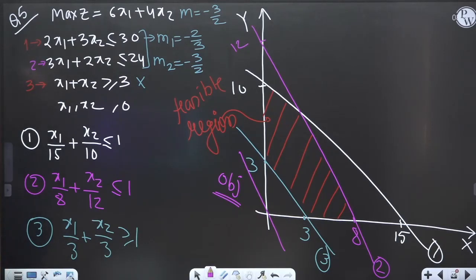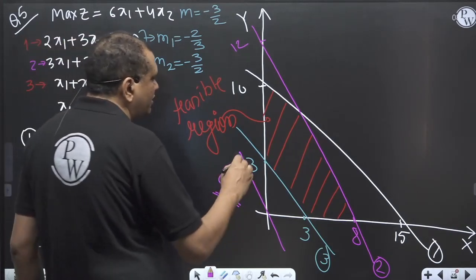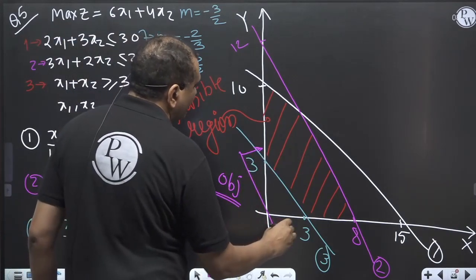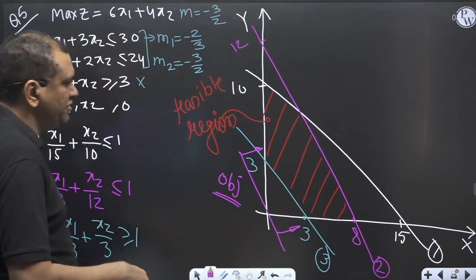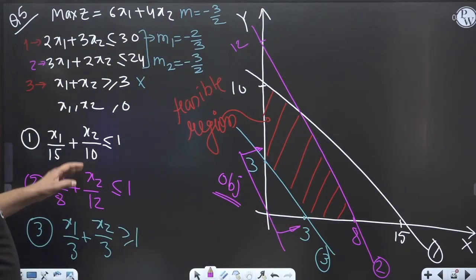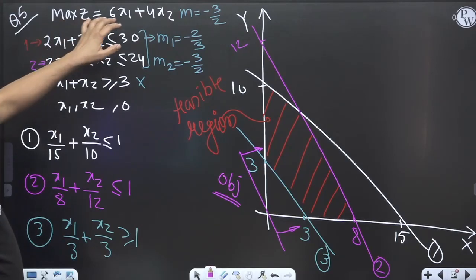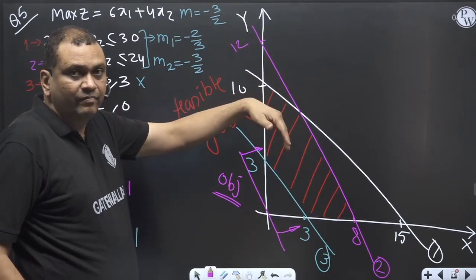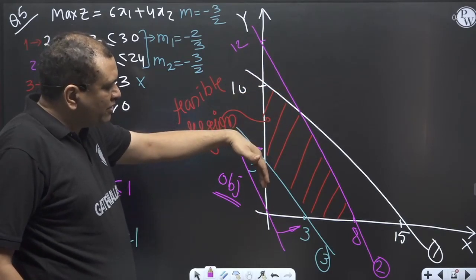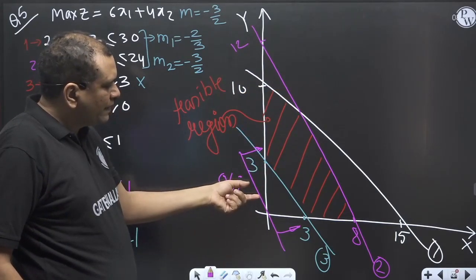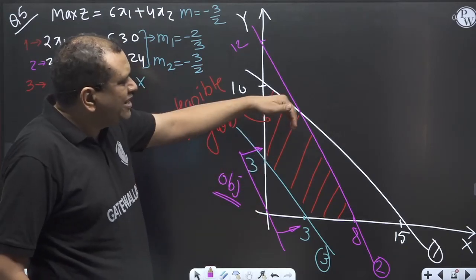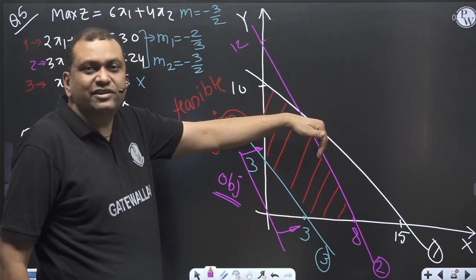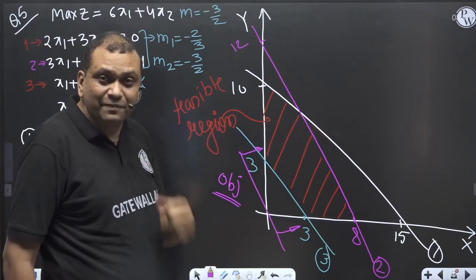Now this objective function line you shift towards the feasible region, and because it's a maxima function, the farthest point at which the objective function line makes contact with the feasible region is your optimum point.